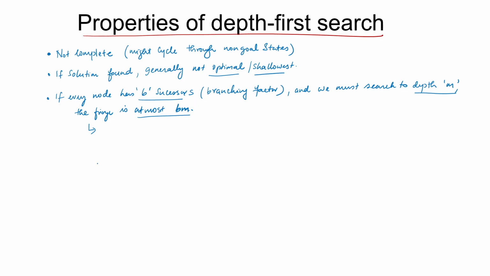This means a much better space requirement. It is not like breadth first where the space requirement is crazy.